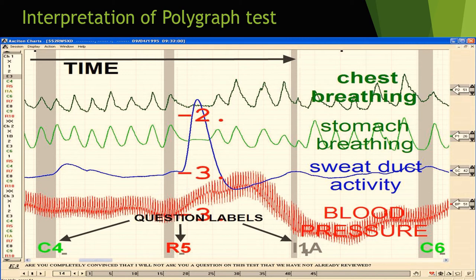If we go to the question labels C4, R5, C6, these are the questions being asked to the suspects, and then the psychomotor interactions of the individual are recorded on the screen and monitored via software, so that the analysis and the record of the individual's interactions can be kept on a computer.